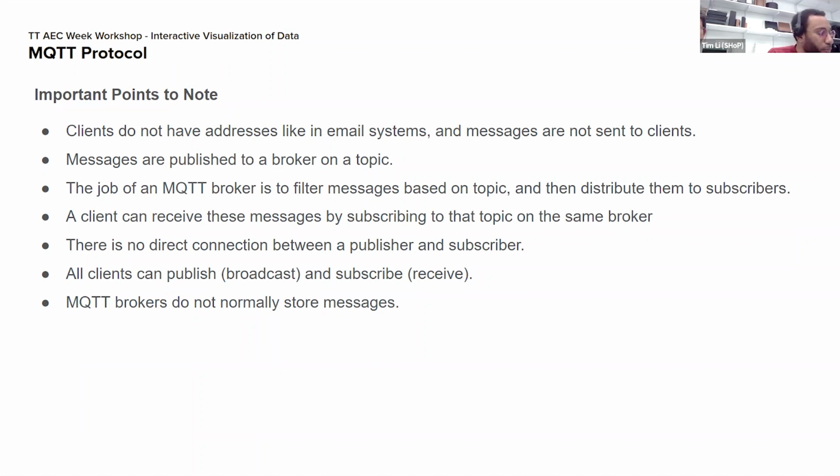Based on the hierarchy of the topics, the broker can also filter messages itself. Even clients that are connected can be filtered in terms of what topics they can receive or change. And that's more or less it.